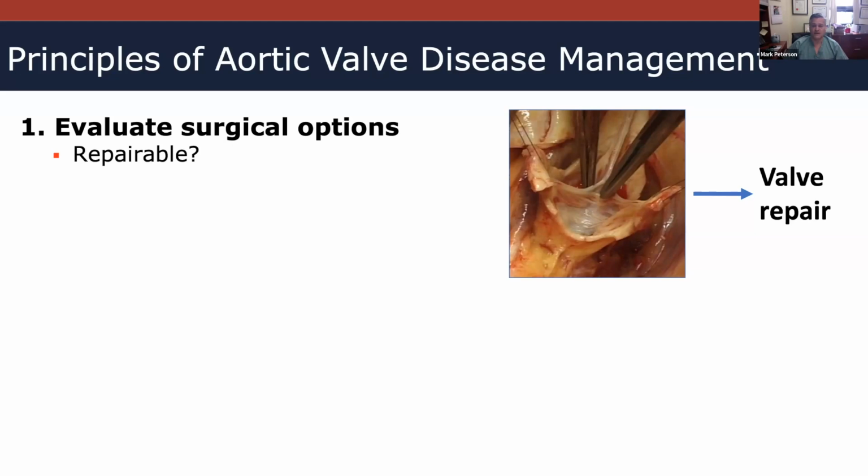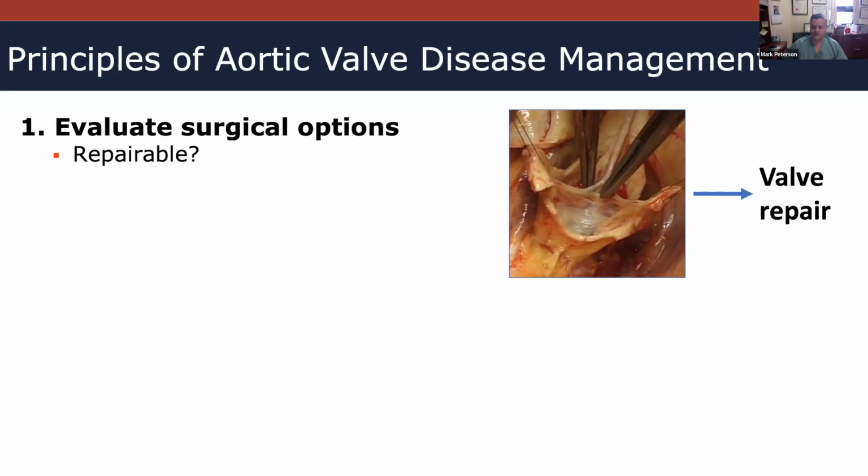Now, just to give you a baseline reference of what is done across the STS database, 13% of patients that have been coded as having aortic insufficiency in the STS database end up getting some form of valve repair. And we had a meeting at the AATS among experts in aortic valve disease and valve repair, where we talked about what the right number should be.